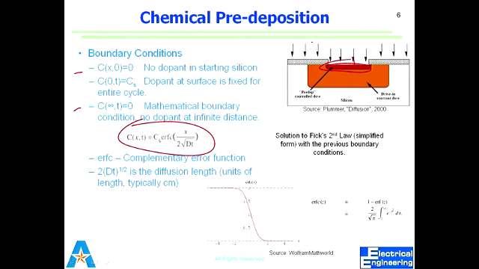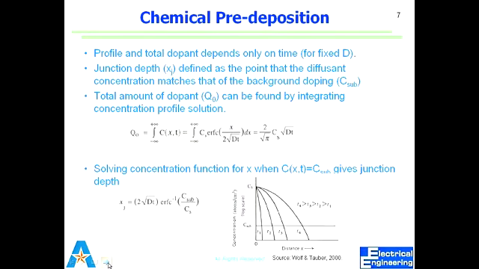It has exponential dependence on the dopant, which comes from the integral of the exponential. Once you do that, we do this for a fixed time and our junction depth.